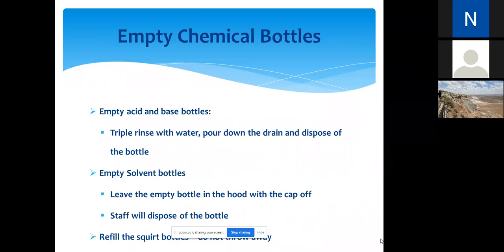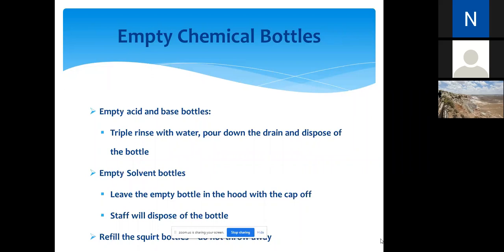If you have empty chemical bottles, if it's an acid or a base, you can rinse those and throw the water in the sink. You cannot rinse solvent bottles. If you have used up acetone, please do not rinse that. That's a solvent. You cannot neutralize a solvent. Another hint, it's on the quiz.